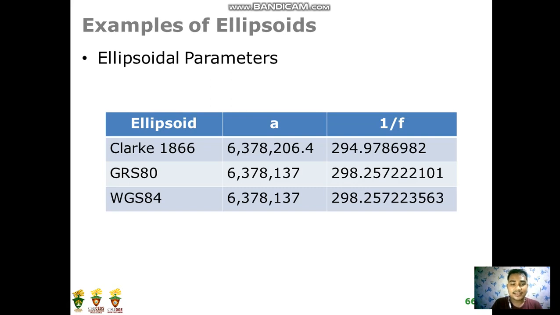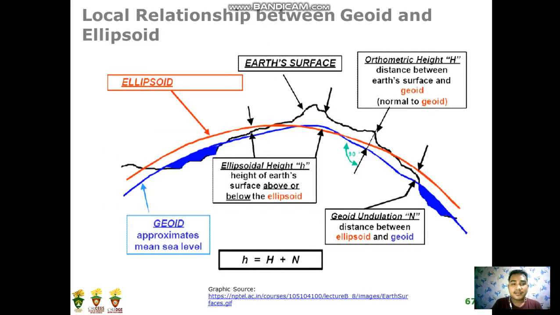GRS 80 has a semi-major axis of 6378137 and an inverse flattening of 298.257222101. WGS 84 has the same semi-major axis as GRS 80, and only differs in the inverse flattening, which is 298.257223563.